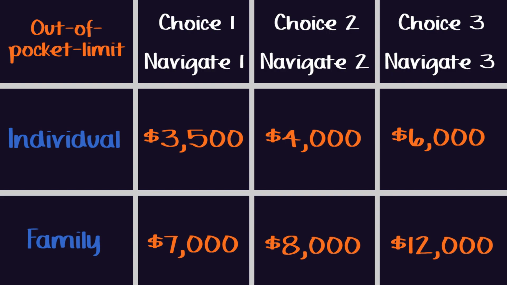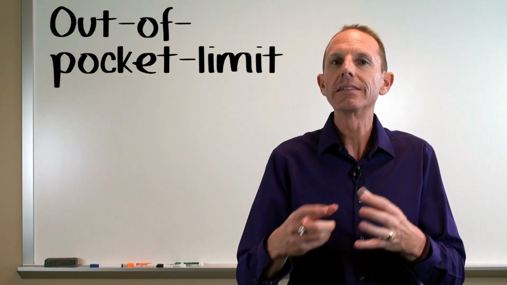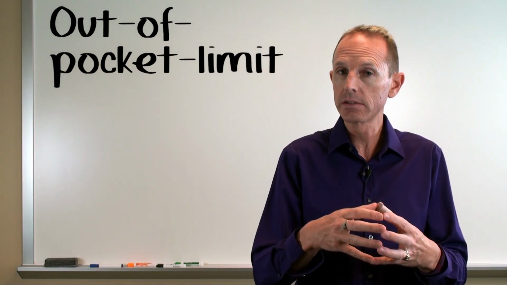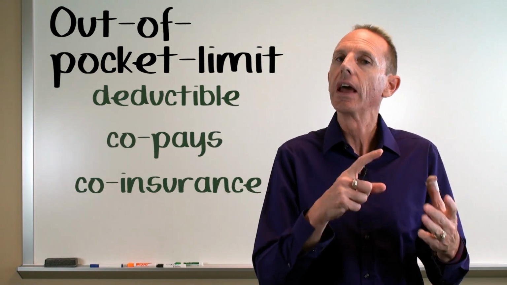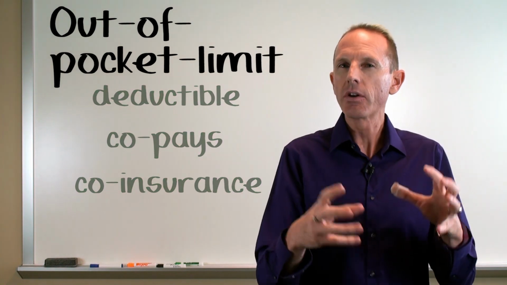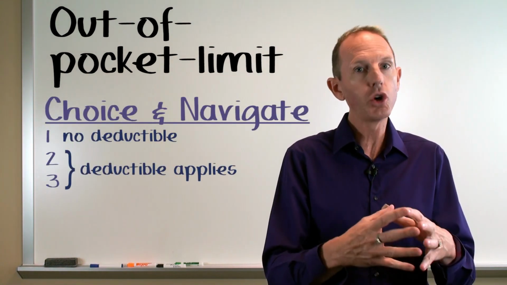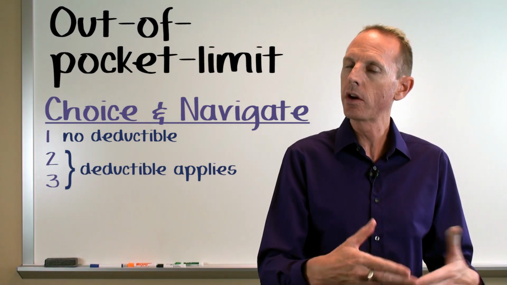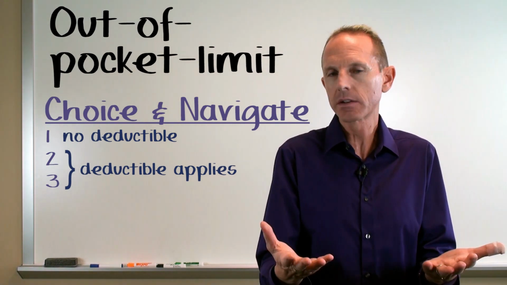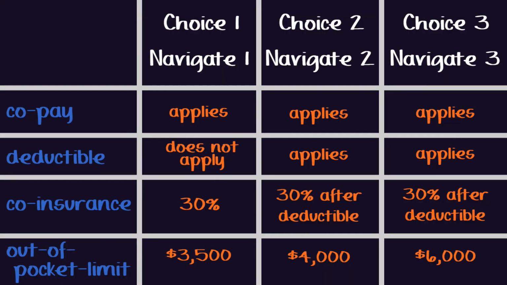So the way that you get to that out-of-pocket limit is a combination of 3 things: deductible, co-pays, and co-insurance. Now keep in mind, some of the plans don't have deductibles. So if you pick a plan like Choice 1 or Navigate 1, the deductible isn't going to come into the equation to go towards your out-of-pocket. It would just be co-insurance and co-pays.